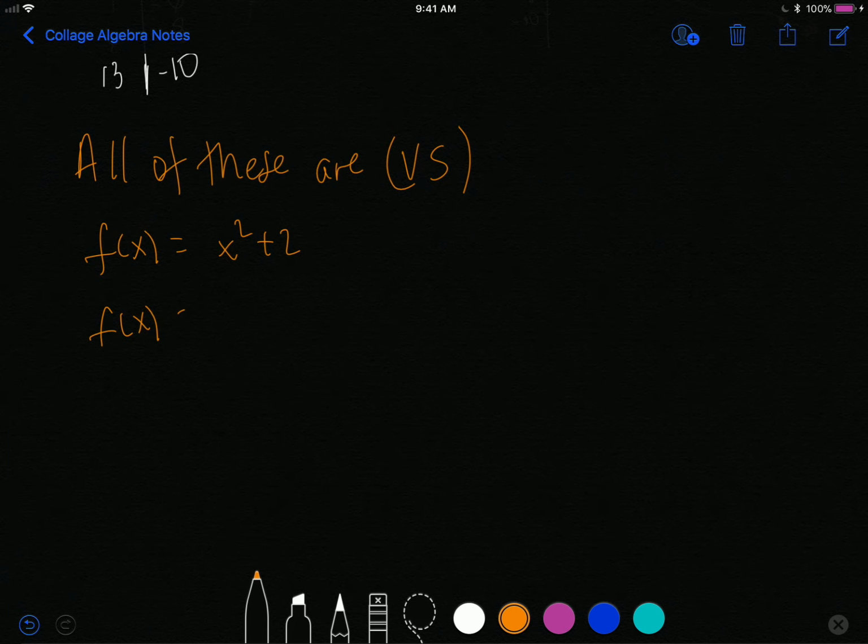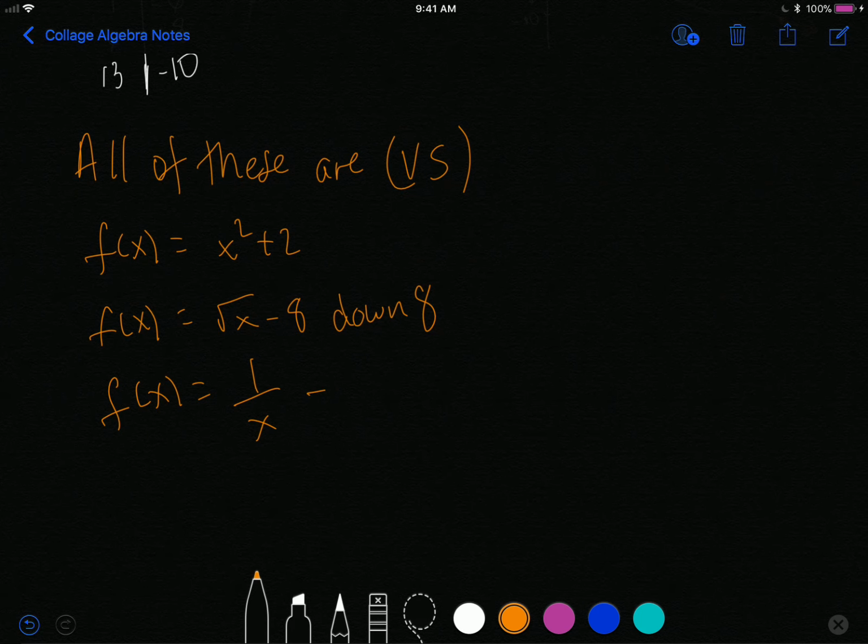F of x equals the square root of x minus 8, that's down 8. F of x equals 1 over x plus 3, that's up 3. F of x equals the cube root of x minus 8. All of these are vertical shifts, again, because we are on the outside.